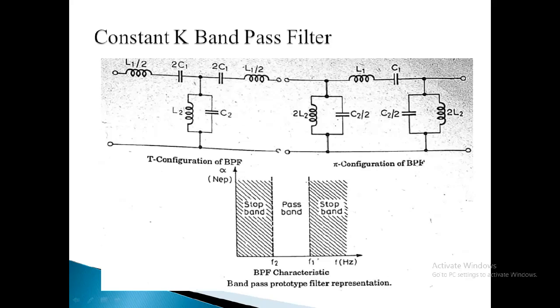The first figure shows the T configuration and second figure shows the pi configuration of bandpass filter. The third figure shows the bandpass filter characteristics. From this figure it is very clear that the bandpass filter passes the signal within the frequency range f2 to f1, where f2 is the lower cutoff frequency and f1 is the higher cutoff frequency, and it attenuates the signal below and above this frequency.